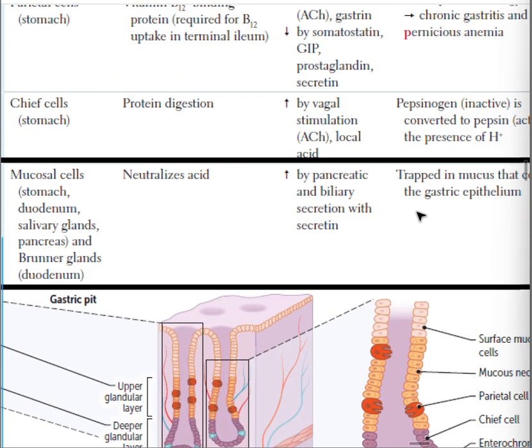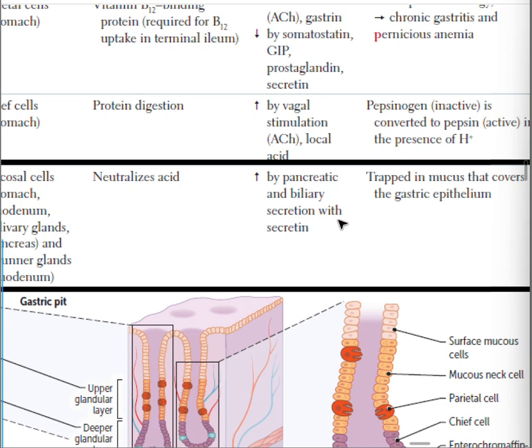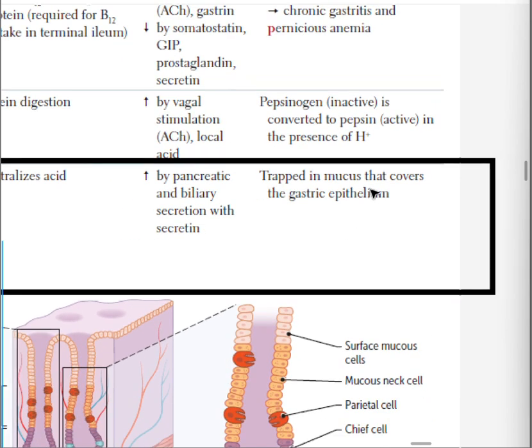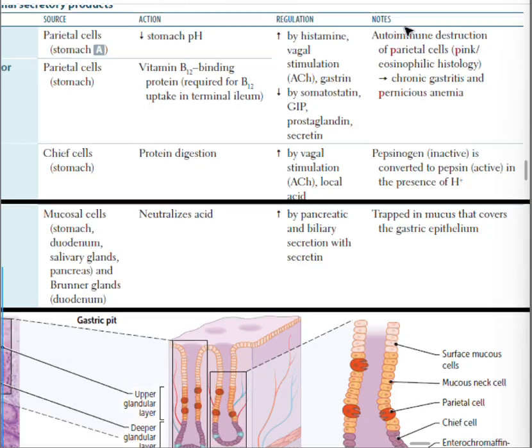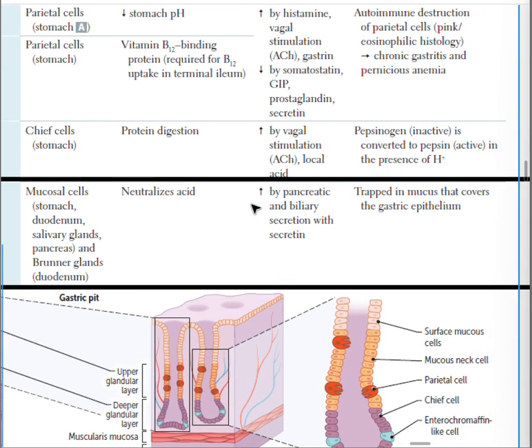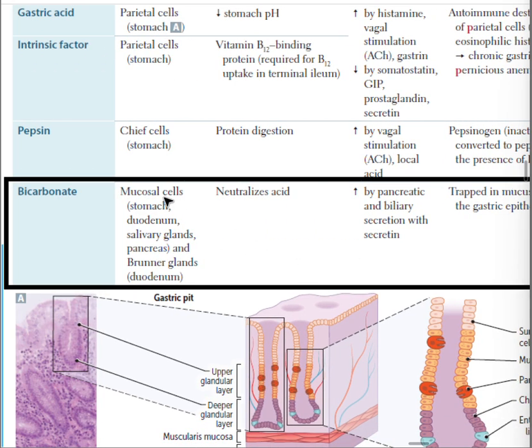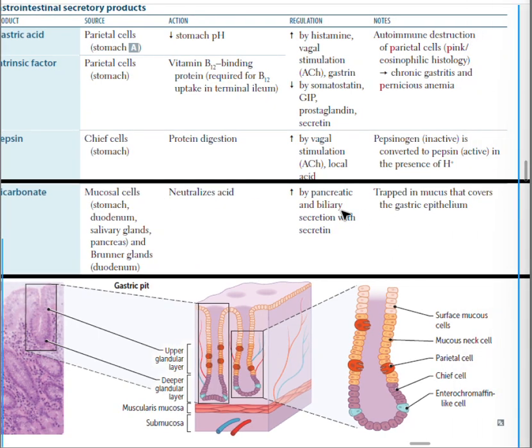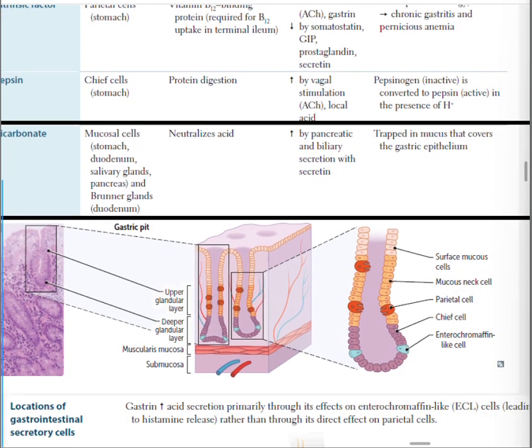They neutralize the acid. They're increased by pancreatic and biliary secretion with secretin. Basically, the core concept is that secretin is the bicarbonate hormone, right? Whenever acid enters the duodenum, the body responds by neutralizing it.